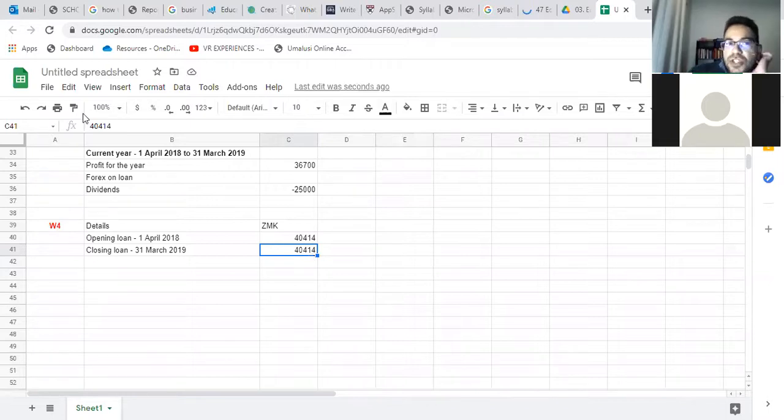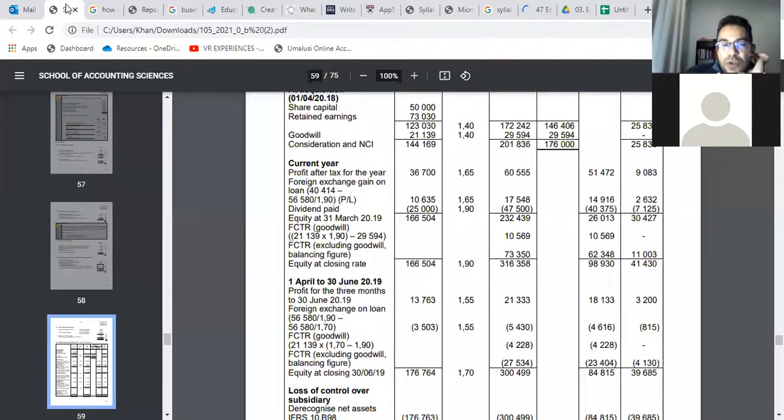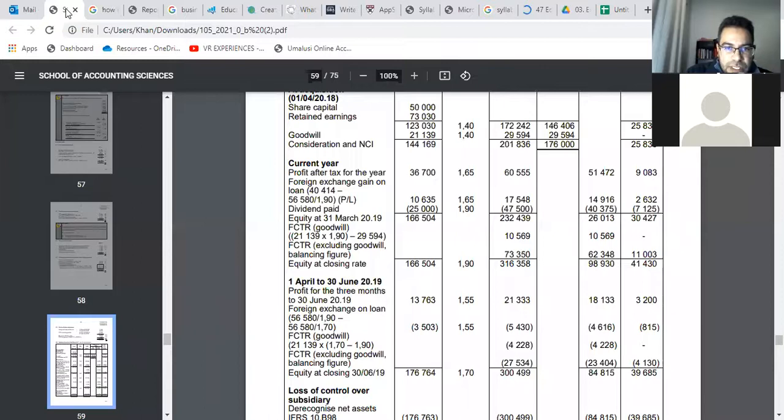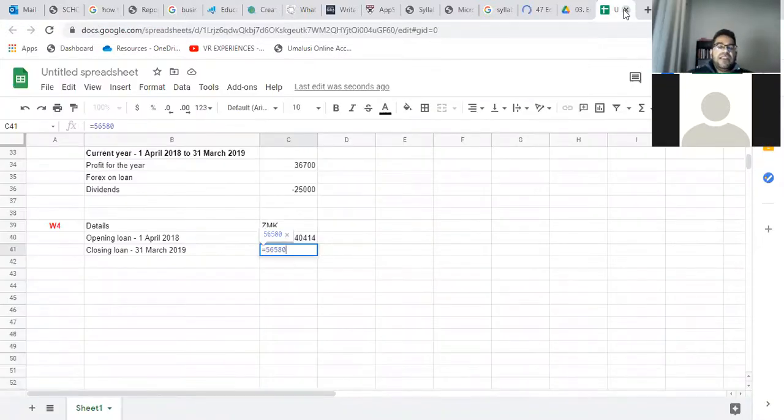If you look at 31 March 2019, they told us the loan amount in ZAR is 56,580. So remember that 56,580 is a ZAR amount.